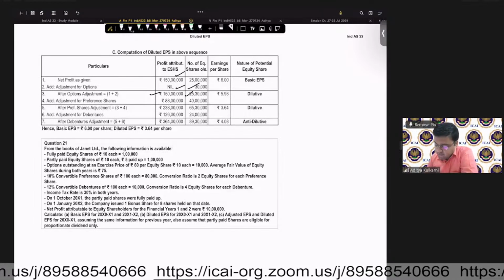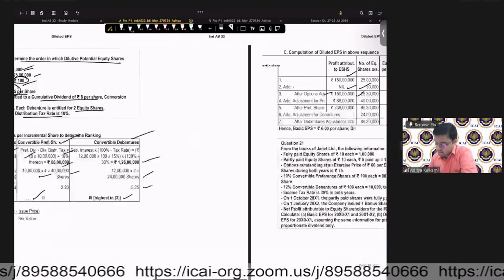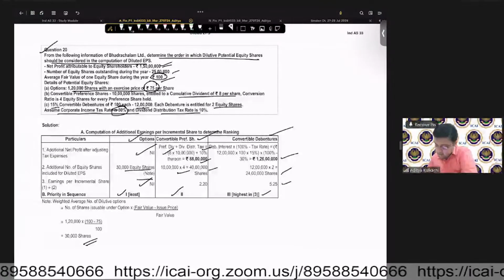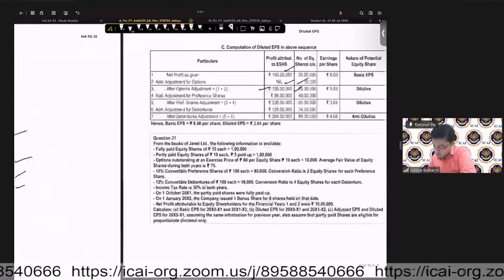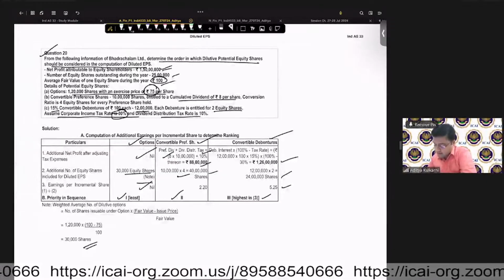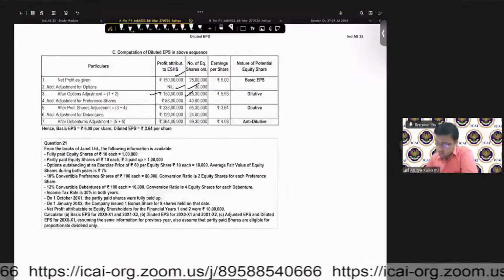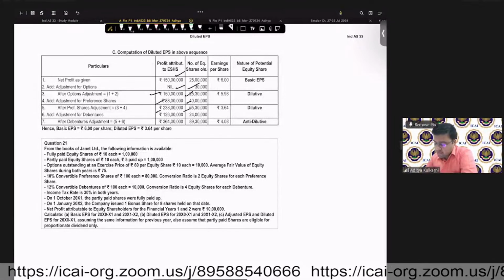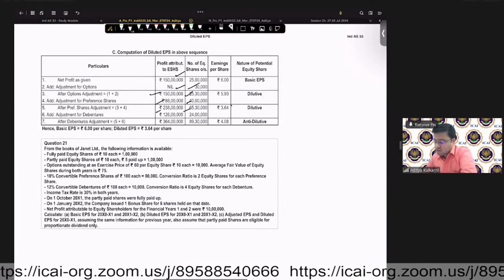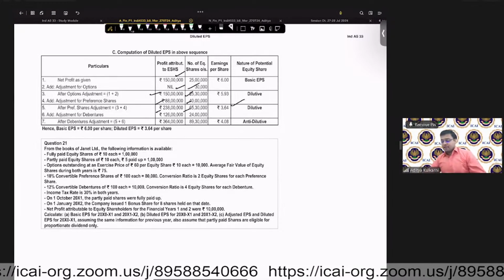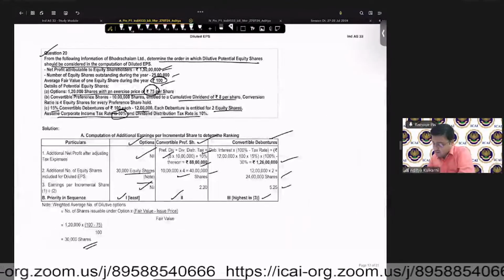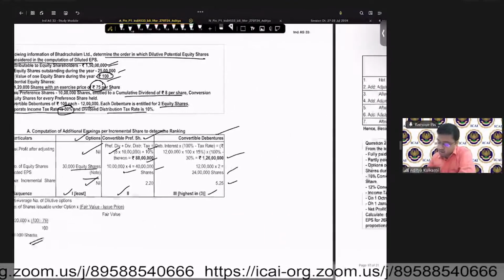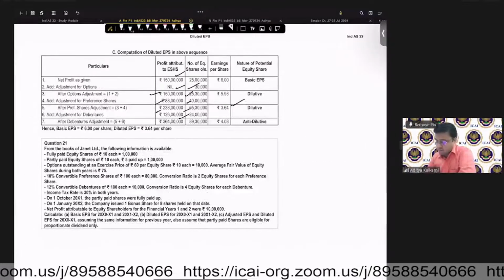Coming next, adjustment for preference shares: 88 lakhs and 40 lakh shares. So 2.38 crores by 65.3 lakhs, you still have a dilution that is happening. And finally, for debentures, 1.26 crore divided by 24 lakhs.